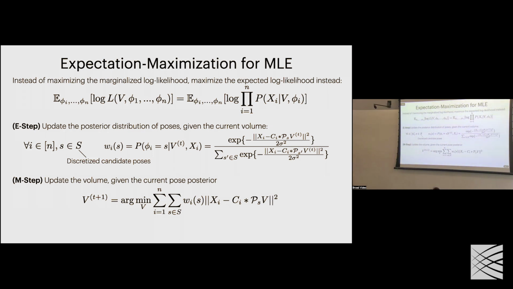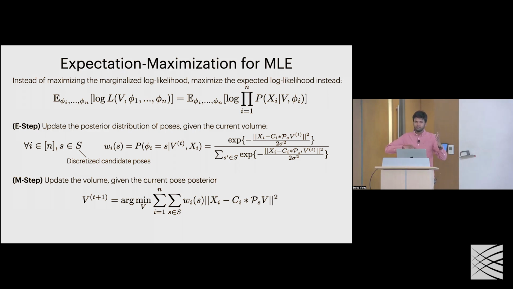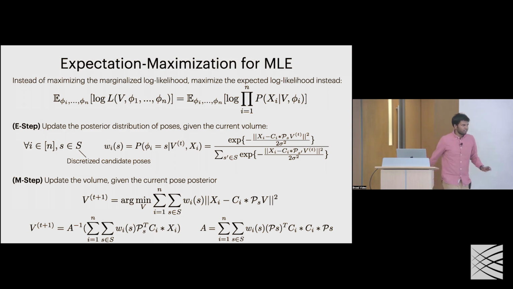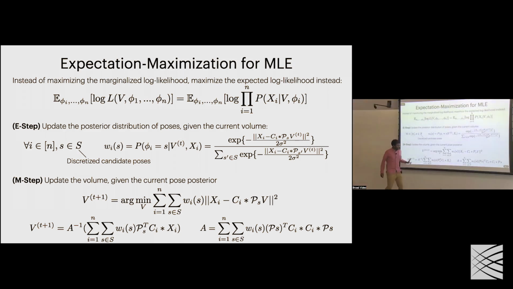So again, the key idea is that we're just going to alternate between optimizing the orientations or poses, and then optimizing the volume given those orientations. Luckily, although this is a complex equation, the key takeaway is that this form of the objective does have a closed form solution. By going from that original objective to this lower bound, we end up with an explicit expression for the volume that maximizes that objective.